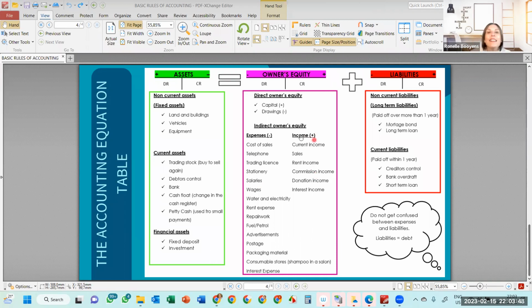Now, if we look at incomes, whenever the business generates money or an income, or gets an income, do you agree that there will now be more money for the owner to eventually take home? So all incomes have the effect to increase the owner's equity in the business.